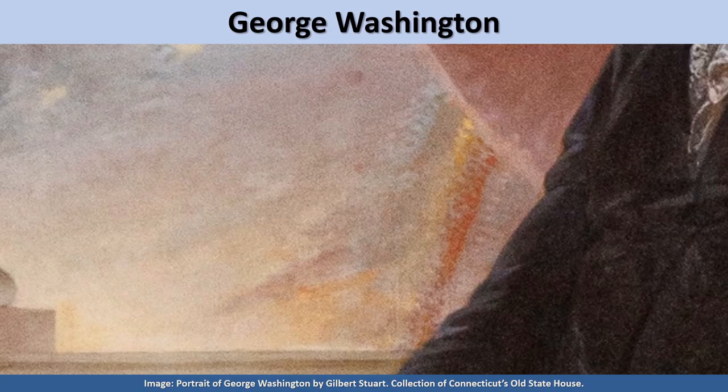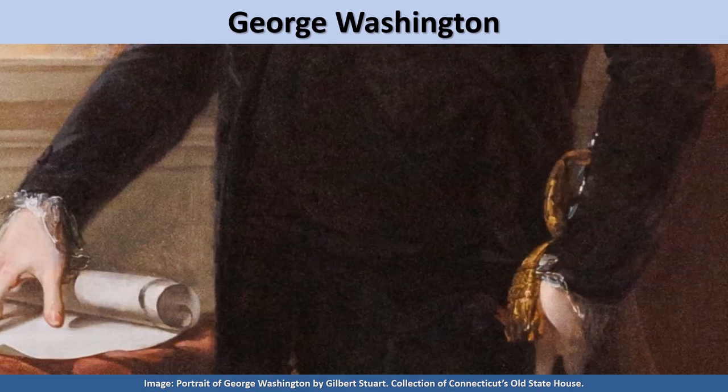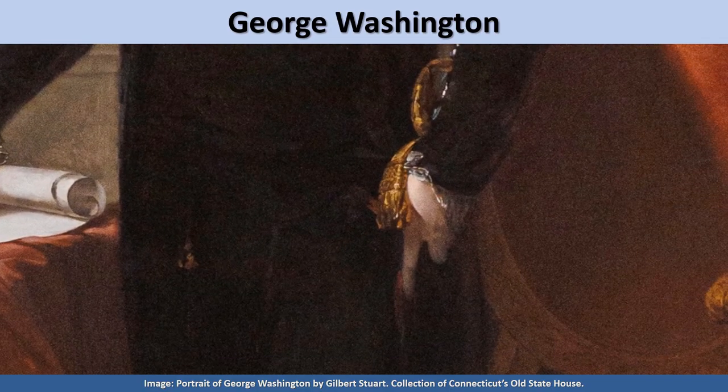Washington is depicted in this painting with a sword sheathed at his side. Washington was famously the leader of the American military during the Revolutionary War, and afterward he became commander-in-chief of the U.S. military again when he was elected president. In this picture, however, Washington has put away his sword. The fact that he has covered his weapon suggests that he considers the time for physical fighting to be over.